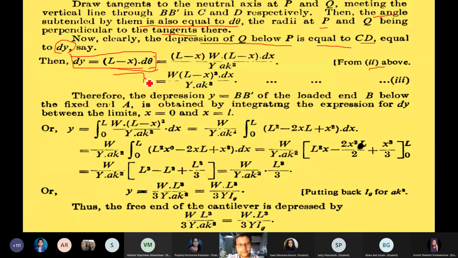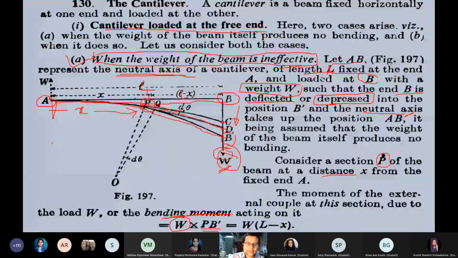Remember, this dy is the deflection produced when you consider a small cross section PQ, that is, the corresponding depression in the vertical line, which you calculate by CD, and that's dy.